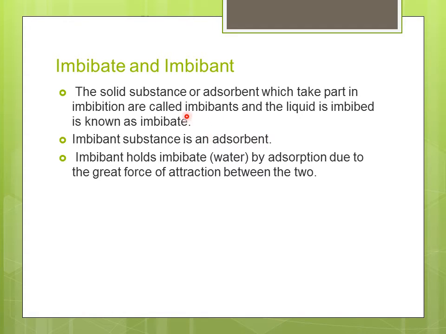The door acts as an imbibent because it absorbs moisture from the air, and the moisture present in the air is known as the imbibate. Is it clear? There is a clear difference between imbibent and imbibate. The imbibate is the thing absorbed from the atmosphere, or the water which is absorbed, and the solid or the colloid which is absorbing is the imbibent.